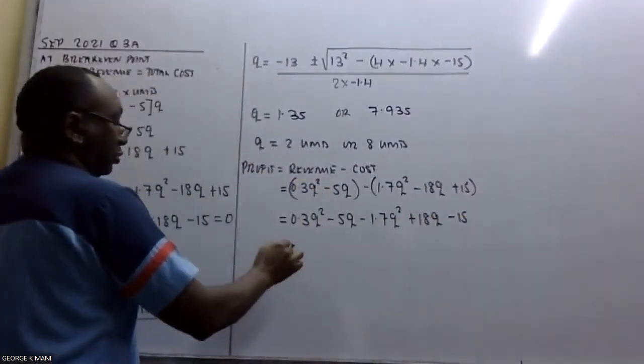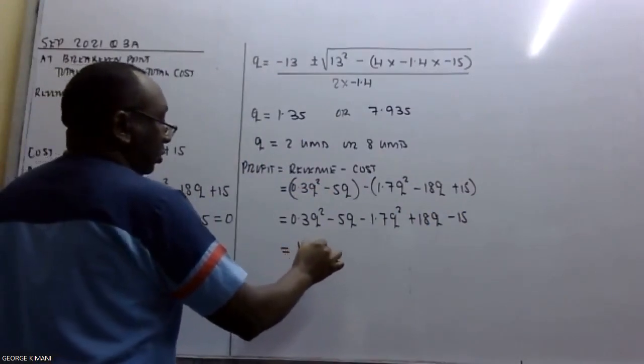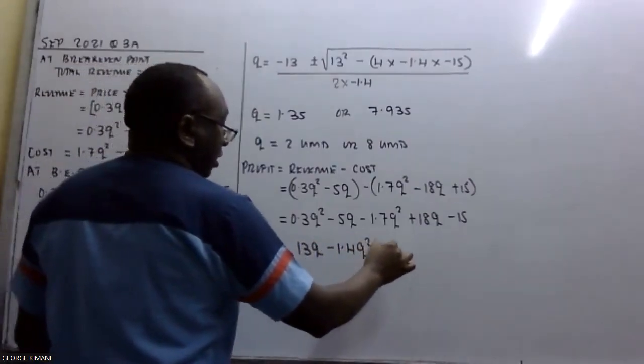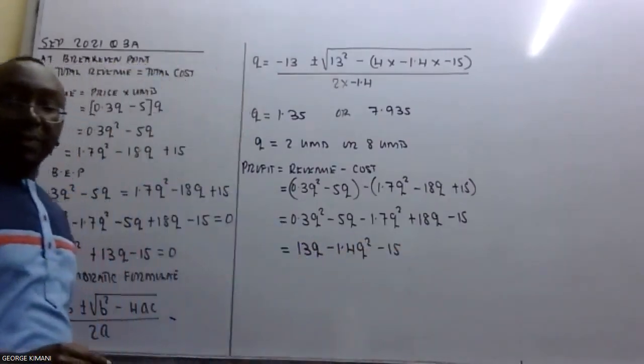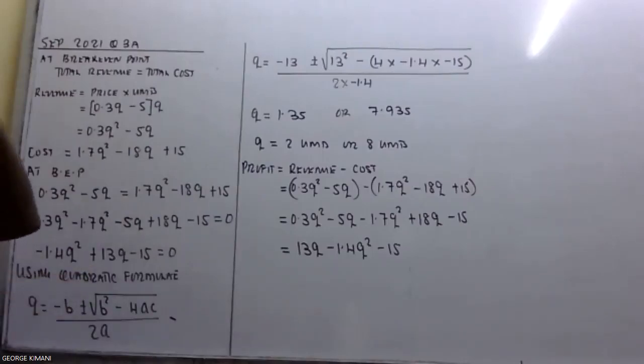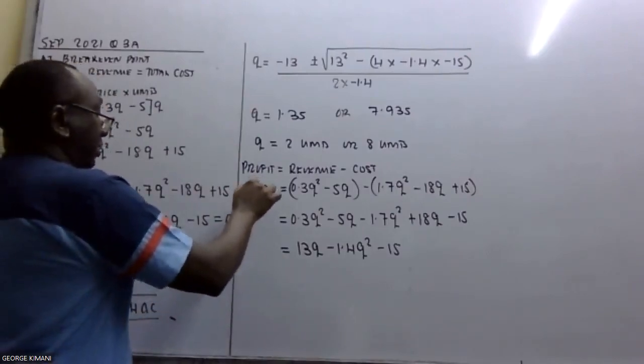So this goes back to what we had. It becomes 13Q minus 1.4Q squared minus 15. That is the same function we had here, because at break-even point, profit is also equal to 0. So remember, this is our pi.